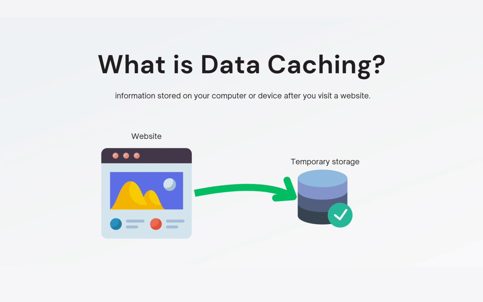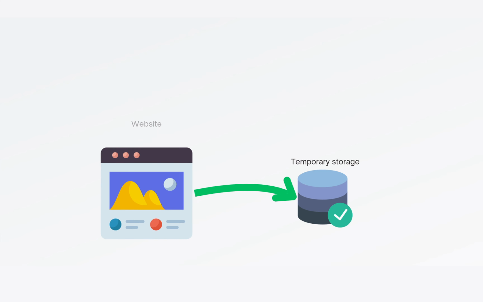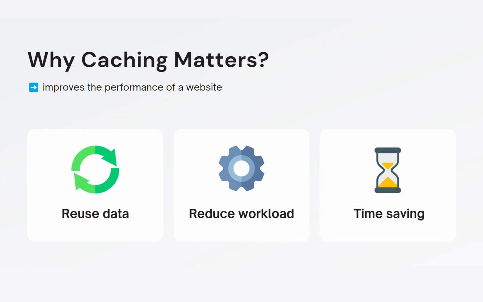So, the first question is, what is caching? Caching is the process of storing copies of information or data in a temporary storage after visiting a website. So, why does caching matter? Because caching is used to improve the performance of a website.